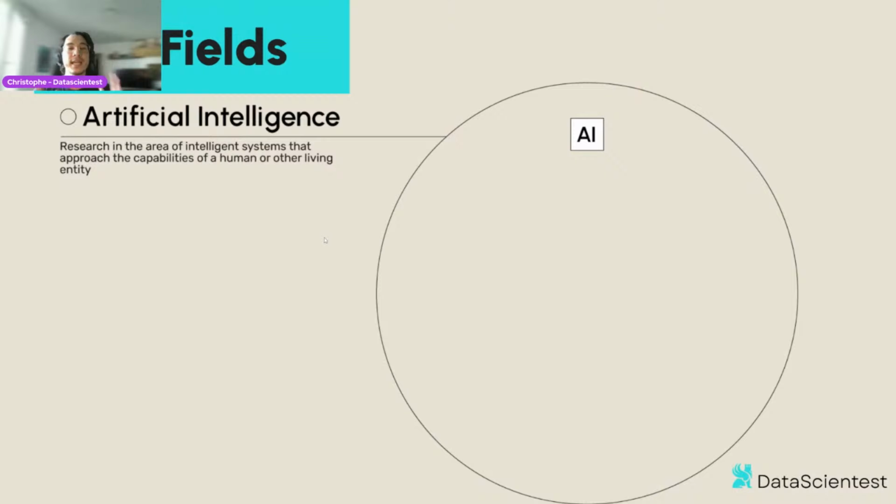So AI is divided into several fields. Today we are just going to see a few of them. The first one, the broader one, is artificial intelligence. As I said, it's approaching the capability of a system from human cognitive function. At first, what was happening is that you were putting into your algorithm a set of rules in order for it to predict the outcome.